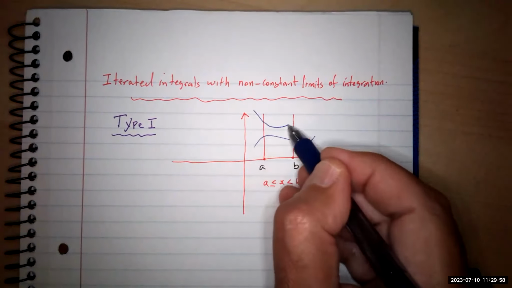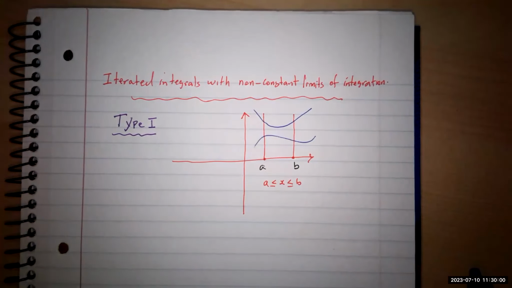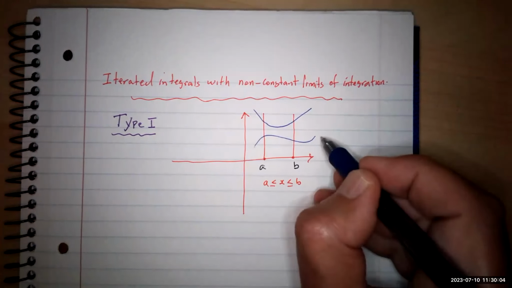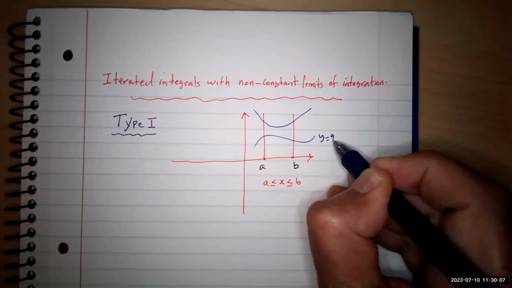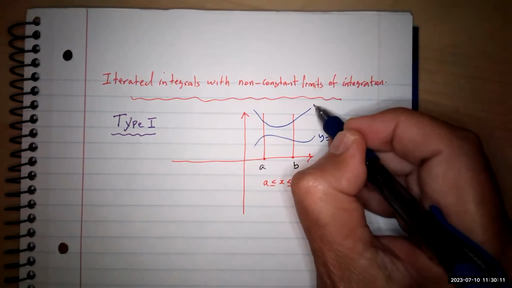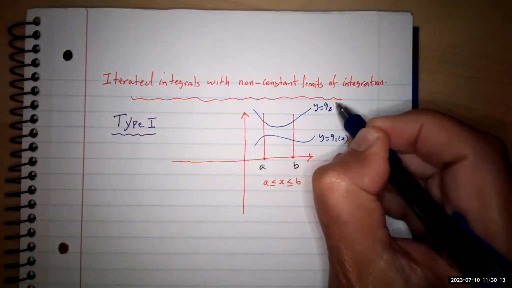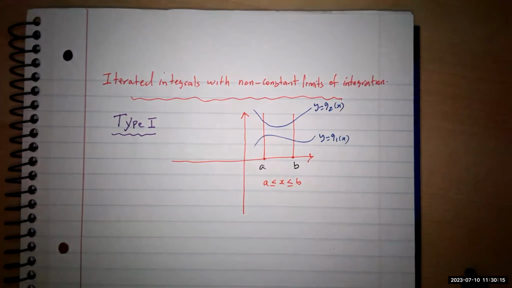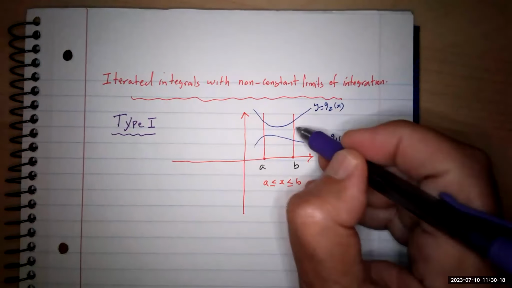This is going to be the situation you're going to have. So one function we call y equal to g1 of x, and you have another function here that we call y equal to g2 of x. So the region in question is this one.